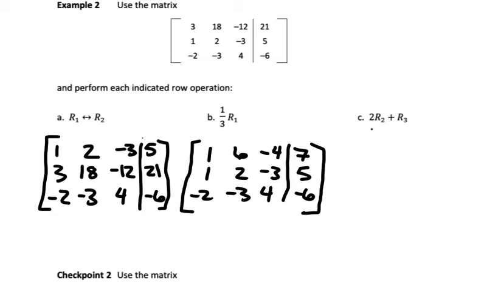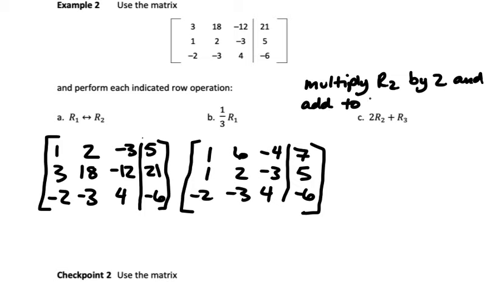And then the last one, part C, is to multiply row 2 by 2 and add to row 3. So I'm going to write out my instructions here in words. Multiply R2 by 2, and add to R3. Now, note that when I do this, R3 is the only row that's changing. I'm not keeping row 2 multiplied by 2.